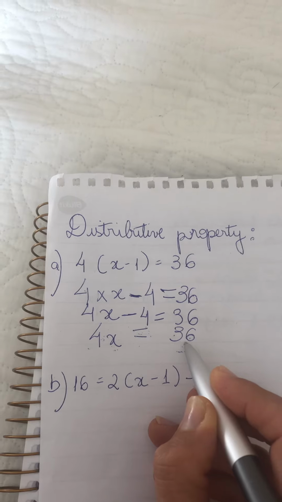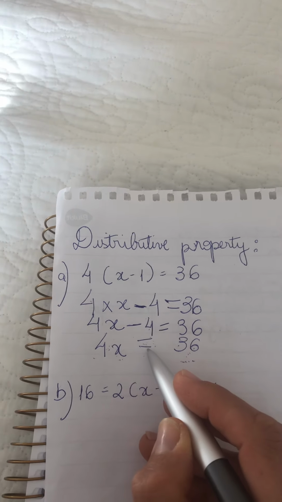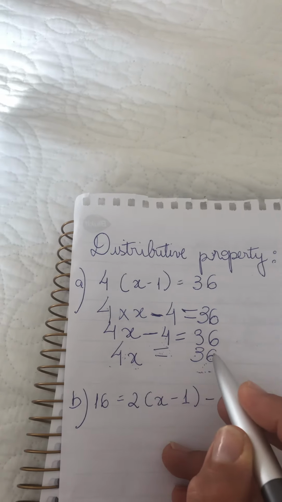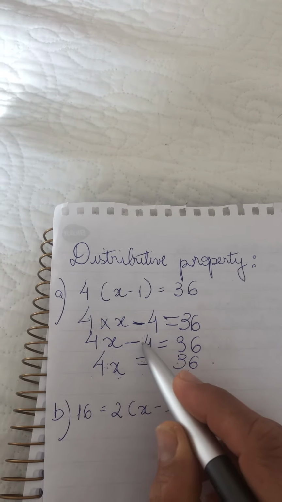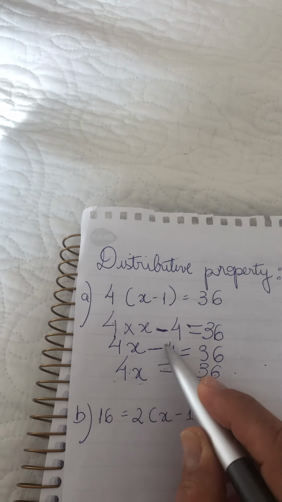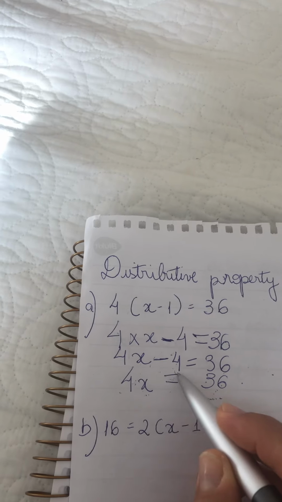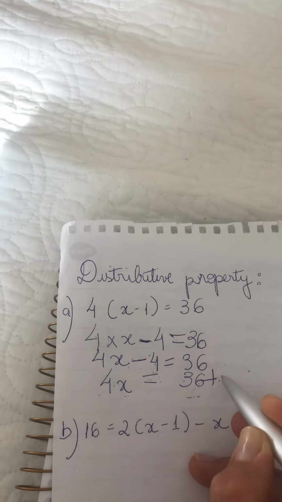Then what do I have to do? I will draw this minus 4 to this side. But because I am changing this side to the other side, I need to change this sign. So then, instead of minus 4, I will say plus 4.